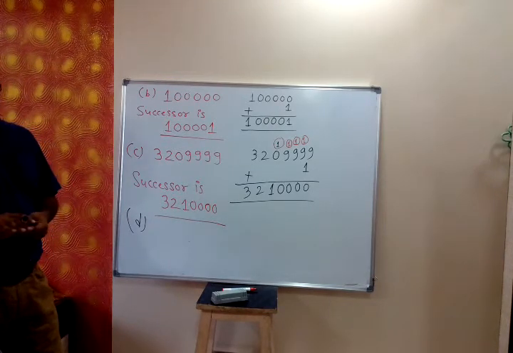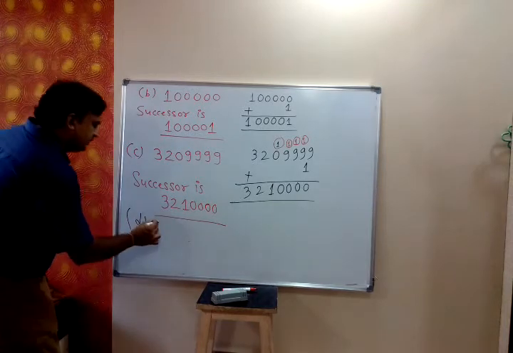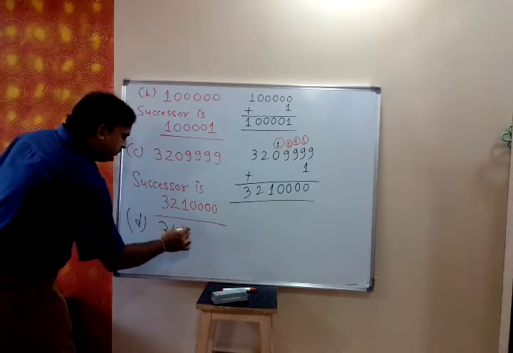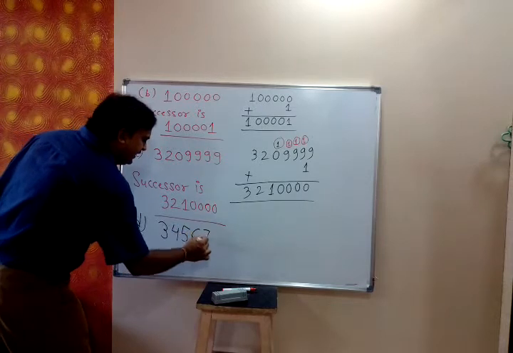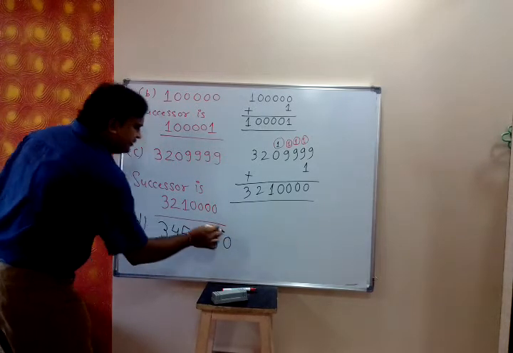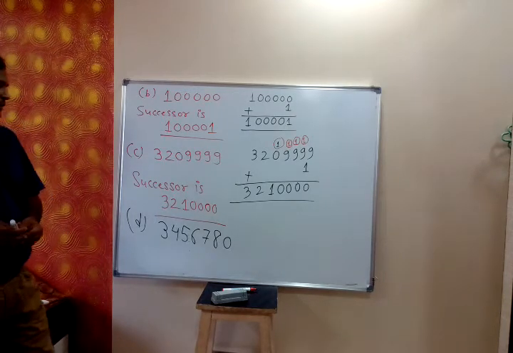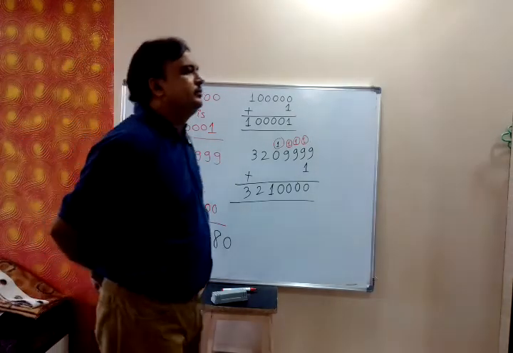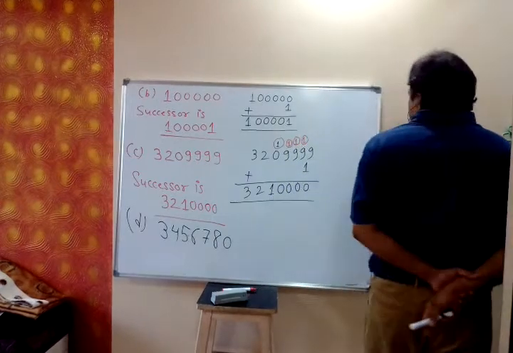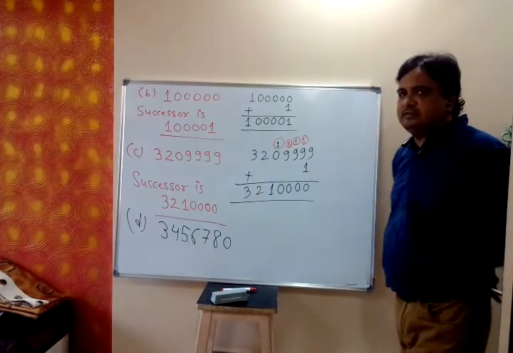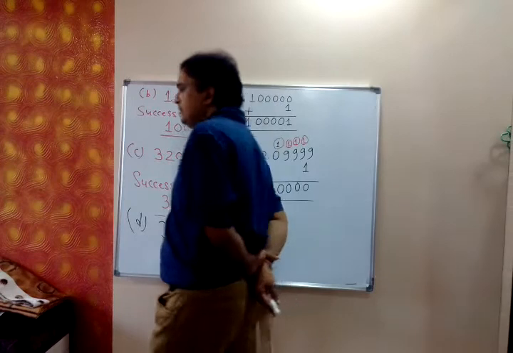Now part D: 3 4 5 6 7 8 0. Successor means just after that number, or immediately after that number.